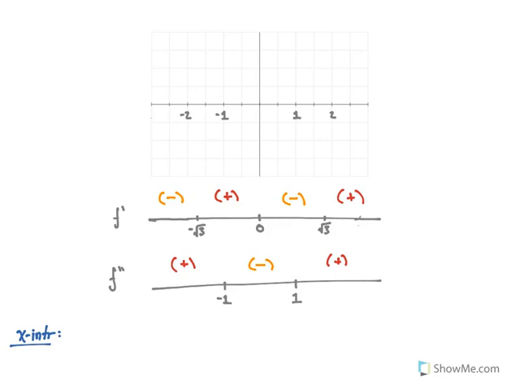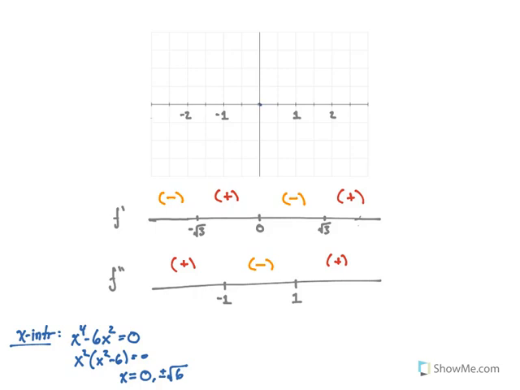So the X intercepts here, we're going to have x to the 4th minus 6x squared. We're going to set this equal to 0, factor out an x squared, and we're left with x squared minus 6. And that's going to be x equals 0 and positive negative square root of 6, which is somewhere in between 2 and 3.